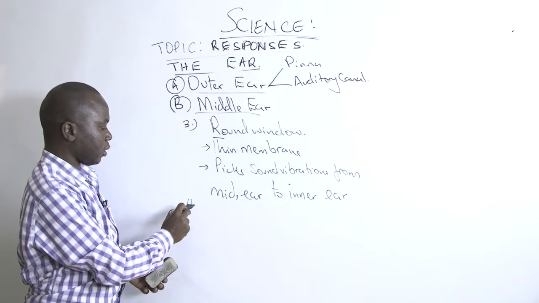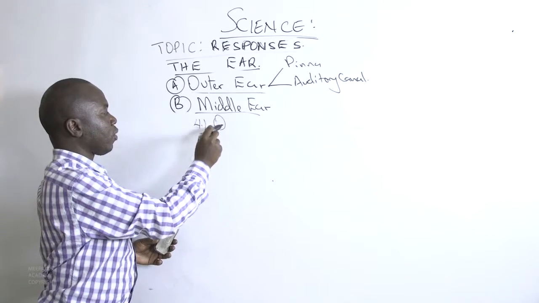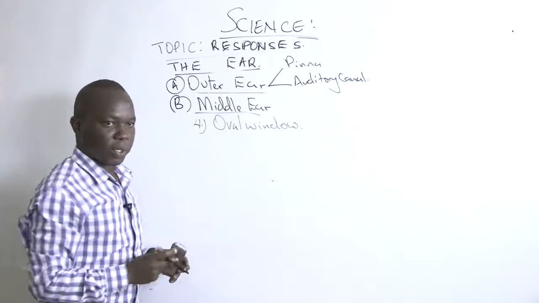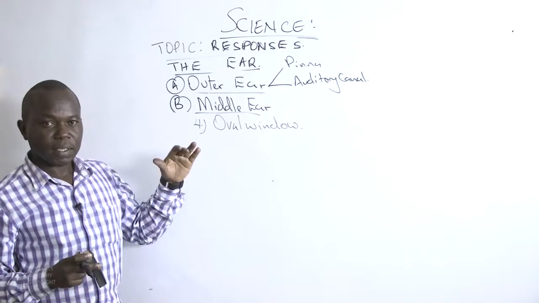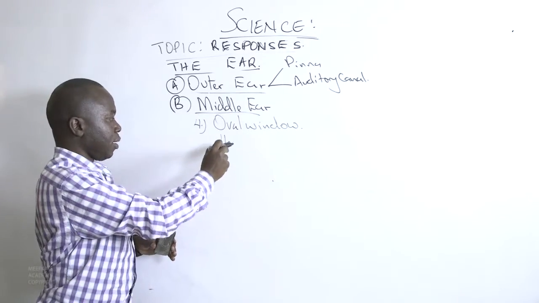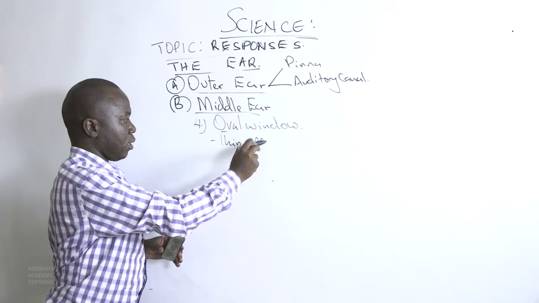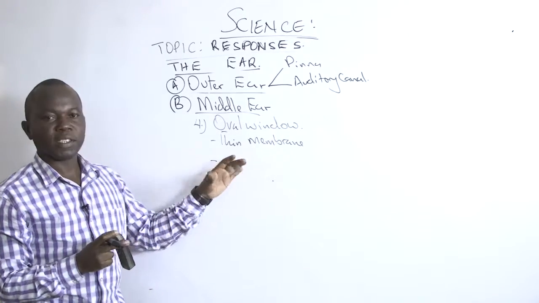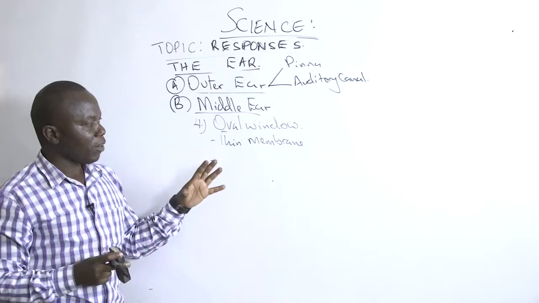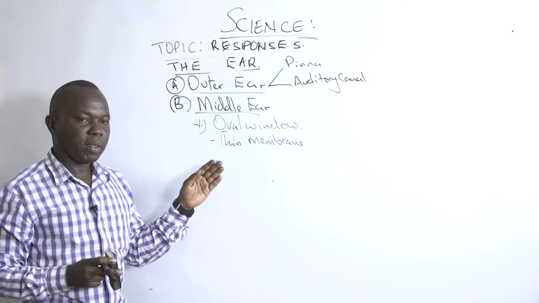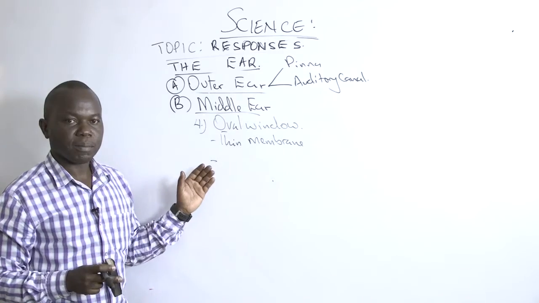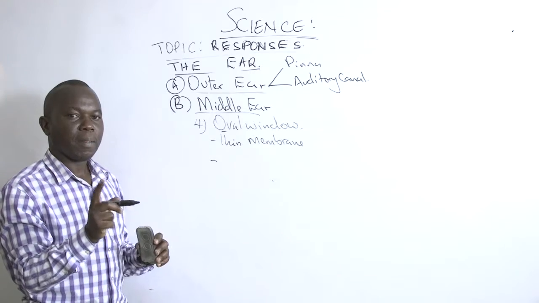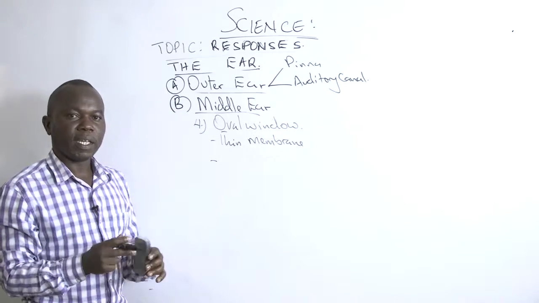We have other parts. Oval window. Now, just like round window, this is also a thin membrane. But it has a slight difference from the round window. We have said whatever goes into the middle ear and inner ear is in form of sound vibration. So it will go through the cochlea, the fluid that's found in the inner ear.